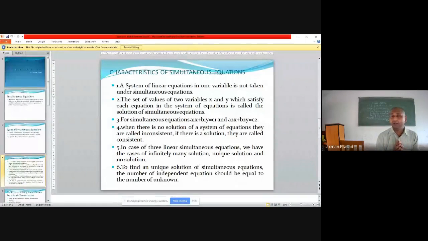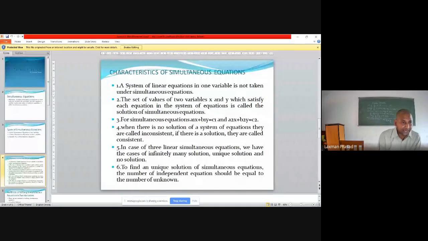Suppose there is the availability of only x, which we won't consider. Like suppose there is the availability of only y. If any one variable is not taken under simultaneous equation, so at least there should be two variables.